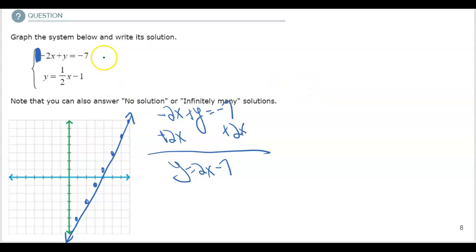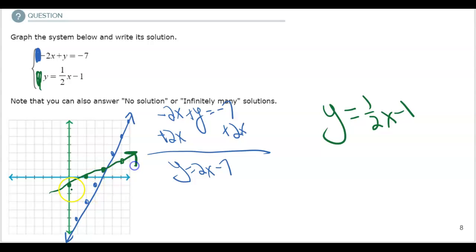And then this green one is already in the correct form, which is helpful. It's in y equals mx plus b, so up 1/2, up 1/2, up 1/2. I see that they cross here. So my solution for the system is (4, 1).